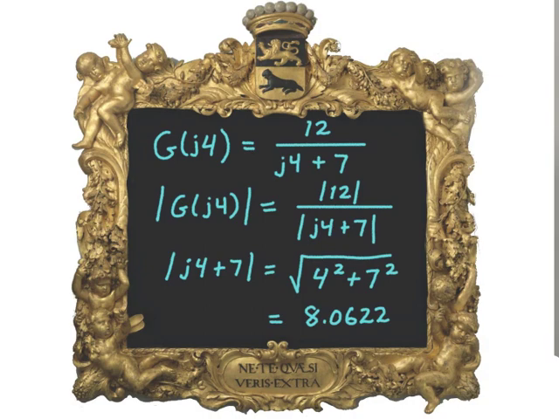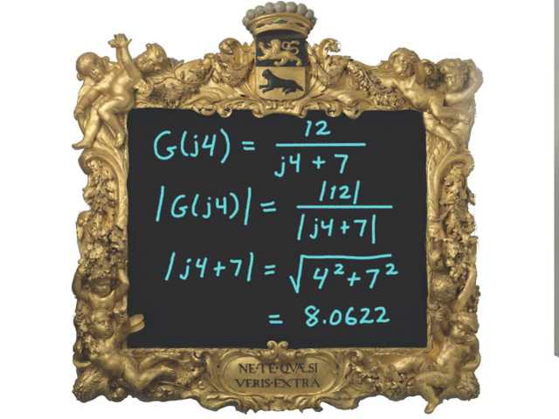So plugging in j times 4 for s into the transfer function, we find it's 12 divided by j times 4 plus 7. Now, to find the magnitude of that complex number, we'll take the magnitude of the numerator and the magnitude of the denominator, and we'll take the ratio.